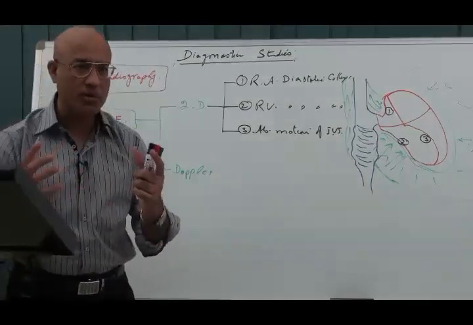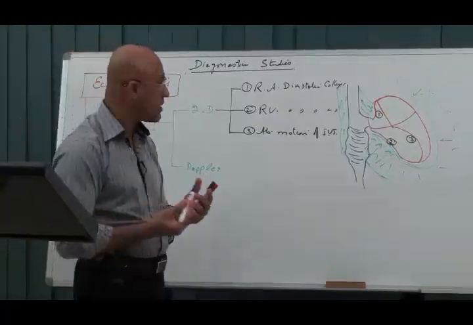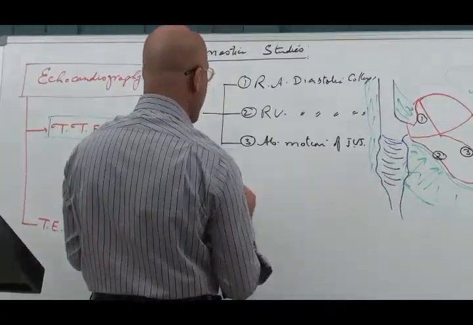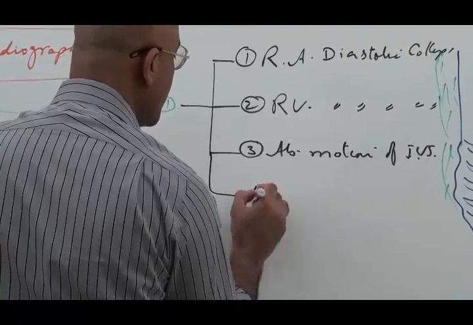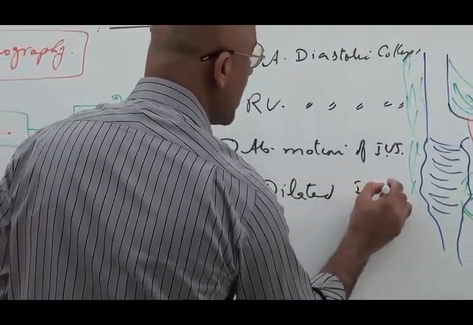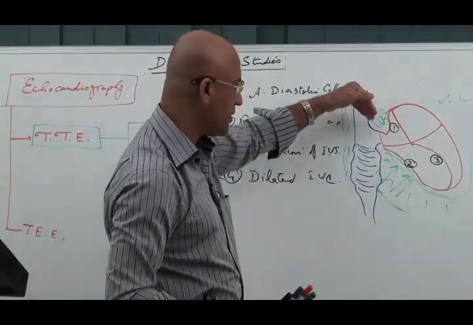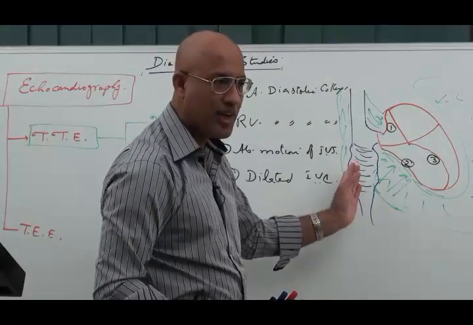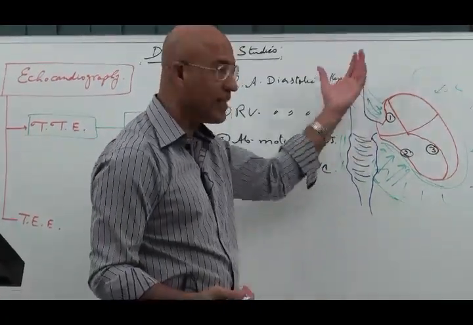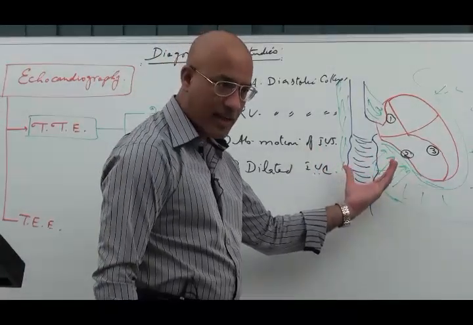Plethora means too much abundant blood or excessive blood, or we can say dilated inferior vena cava. Am I right? What is this finding? Dilated inferior vena cava. You may be thinking, why not superior vena cava? Gravity assists the superior vena cava work. Gravity is opposing the inferior vena cava, so it's more distended than the superior vena cava, right? So this is distended. Am I clear?